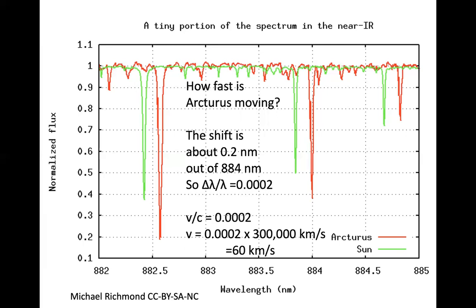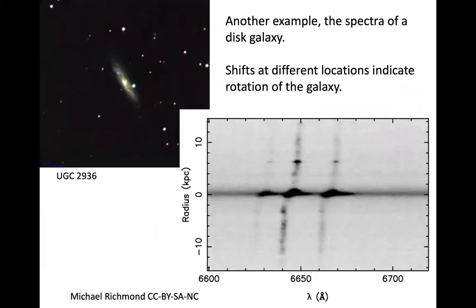And this is also useful because it allows us to see how objects are moving without actually having to see them move. Particularly, this is useful for galaxies because we can make spectra of different parts of a galaxy. This is a galaxy, UGC 2936.